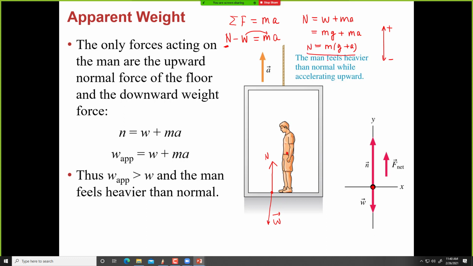You see that our normal weight is mg, but the apparent weight is greater than that. So we have mg and this additional term. That means in this case the person will feel heavier than the normal weight, because of this additional term that comes from the acceleration in the upward direction.